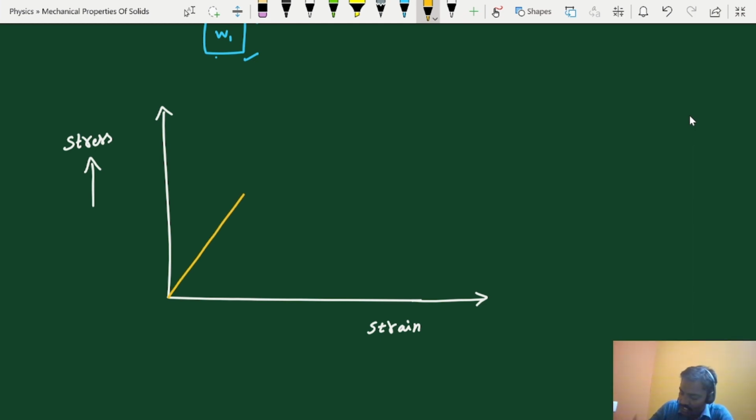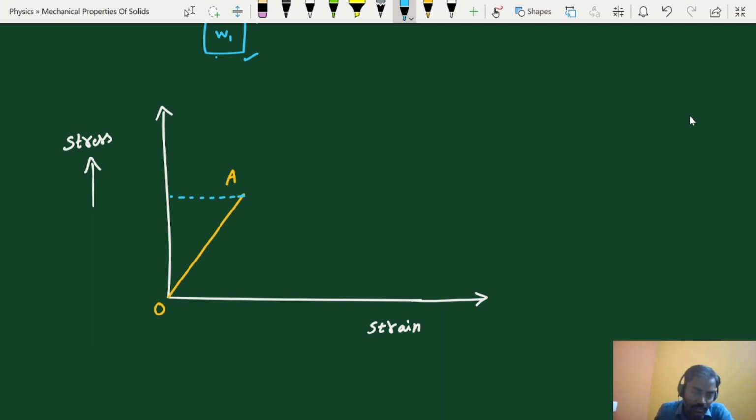Now, in the beginning we notice a straight line graph up to some extent. So up to this point it obeys Hooke's law. We can say between O to A, the wire obeys Hooke's law. Right?